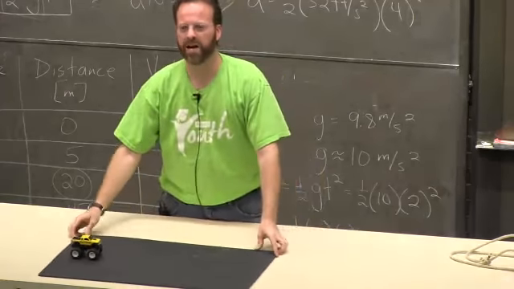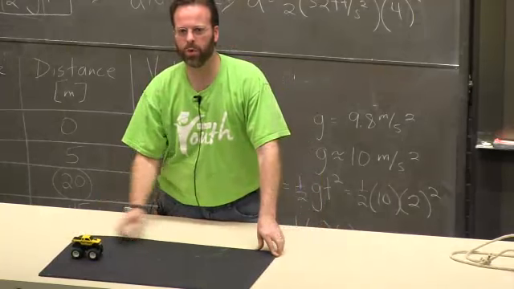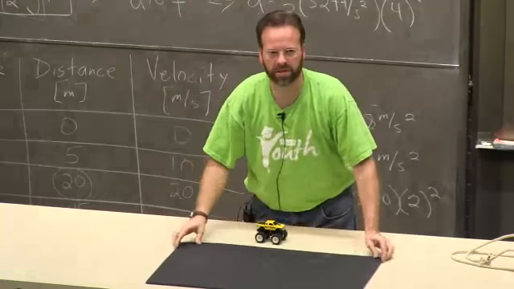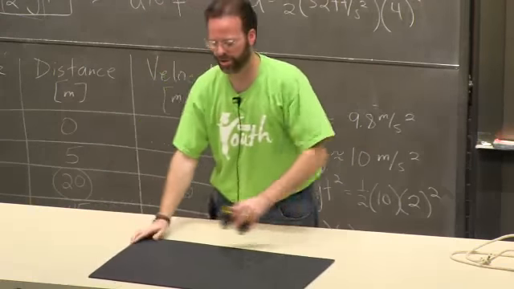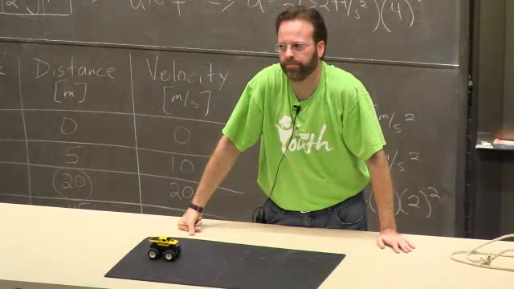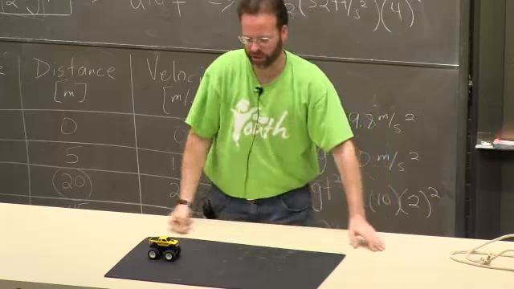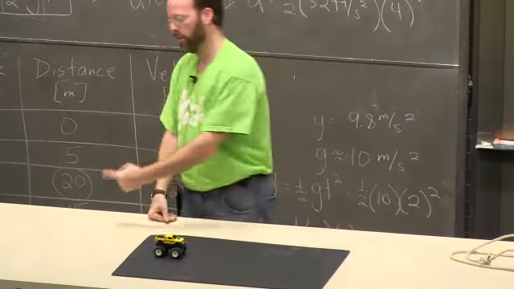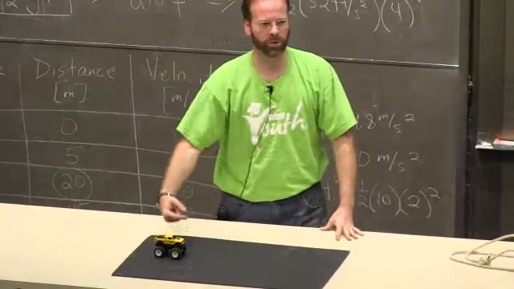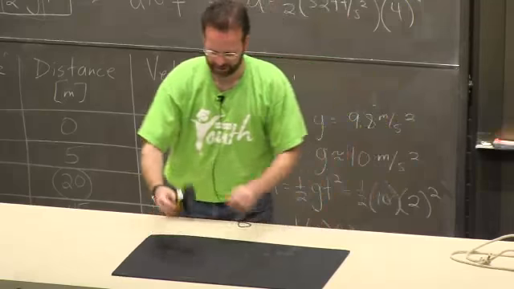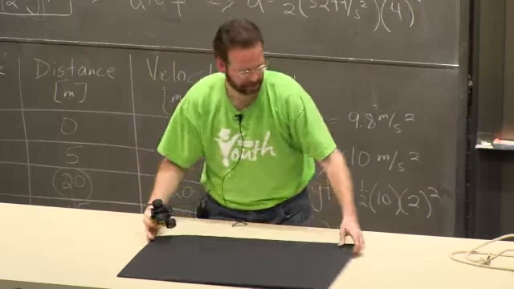What happens if I move this board 2 meters per second this way while the car is on it going that way at 2 meters per second? So I'm going to move this at 2 meters per second, that way. And this is going to go at a constant 2 meters per second that way. Wish me luck.